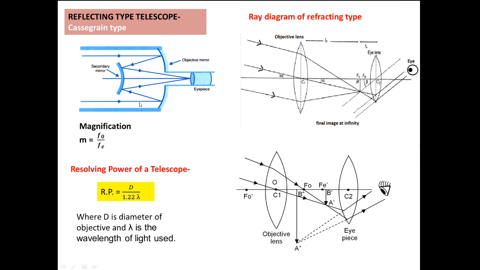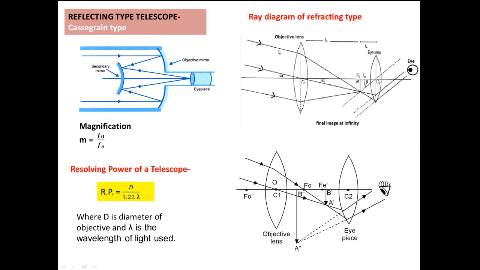Another is, see here, the reflecting type telescope, or it is known as Cassegrain type. In Cassegrain type or reflecting type telescope, in place of a lens, a mirror is used. What is the advantage of using a mirror? In the lens, see here, the diagram of both is taken.